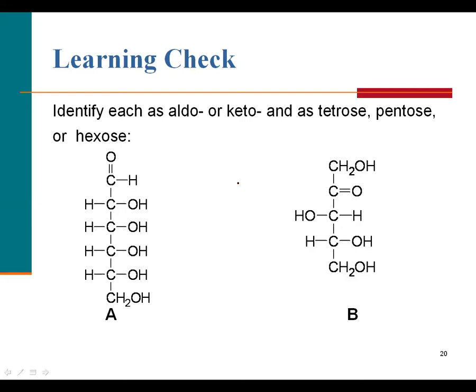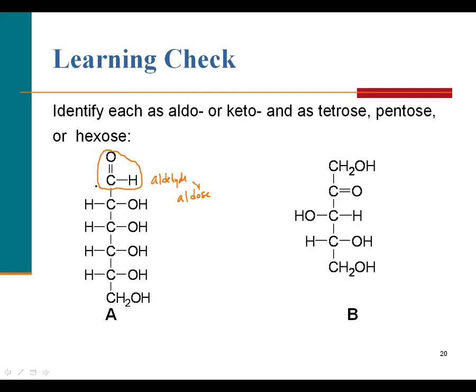Okay, so looking at the first one, remember the aldose is basically your aldehyde group and your ketose is your ketone group. So that's really what you're looking for here. So again, if we find that carbon-oxygen double bond, we highlight it, it does look like an aldehyde, which means that this should be an aldose.